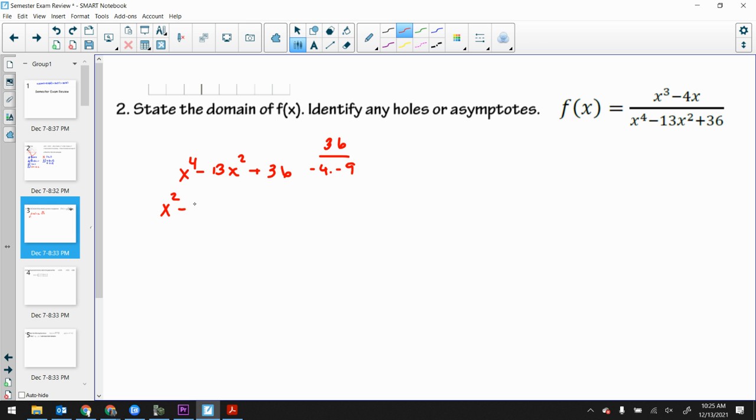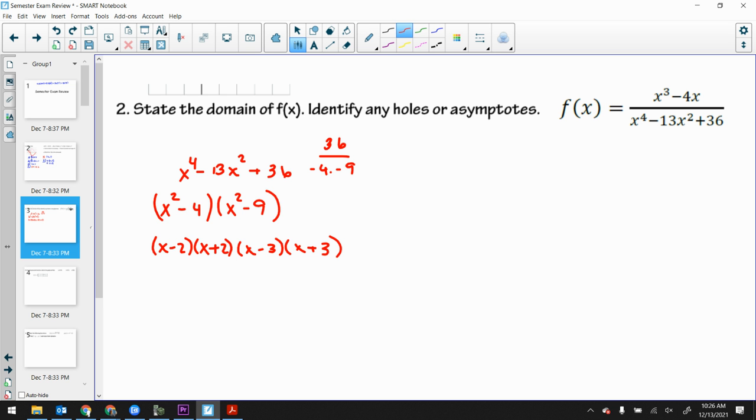So x squared minus 4, x squared minus 9. Now, can that reduce as well? Yeah. So that is x minus 2, x plus 2, x minus 3, x plus 3. So what is the domain? Now, I would accept if you wrote the domain in a couple of different ways.